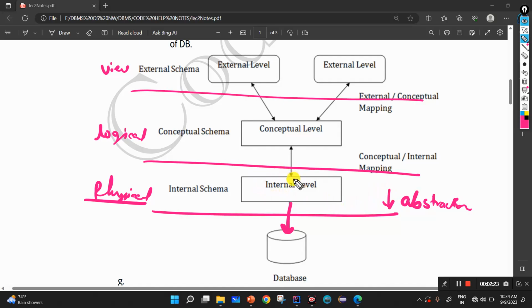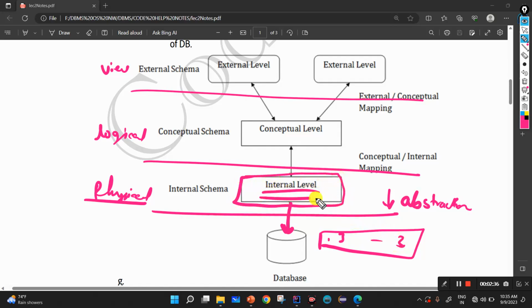And the second thing is it shows how data is stored, like first data is stored here, second is there, third is there. This kind of information is held at the internal level. Internal level has all the information about it. So this is our physical level.